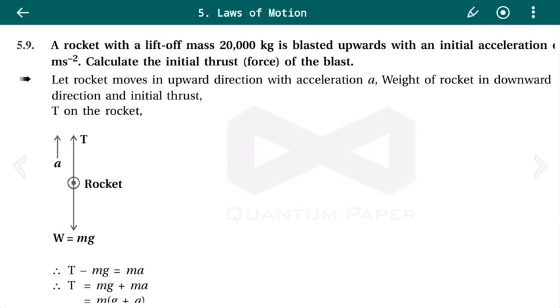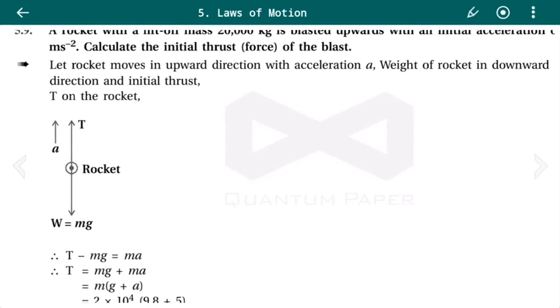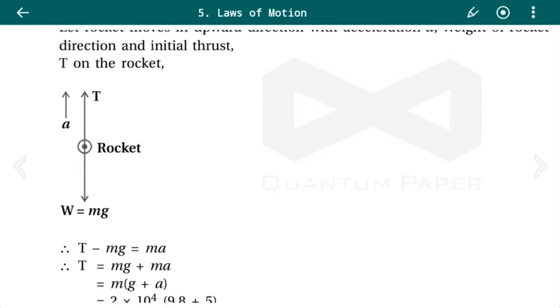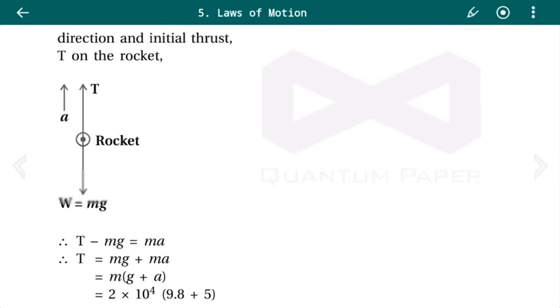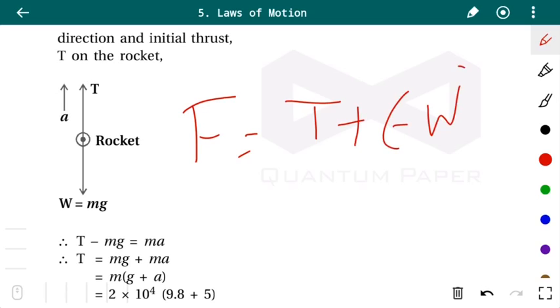So let the rocket move in upward direction with acceleration a, weight of the rocket in downward direction and initial thrust T on the rocket. Here, as you can see in the figure, the thrust is in upward direction and the weight of the rocket will be by default in the downward direction. So from this figure we can write the total force F equals T, that is in upward direction, plus minus W because it is in downward direction.